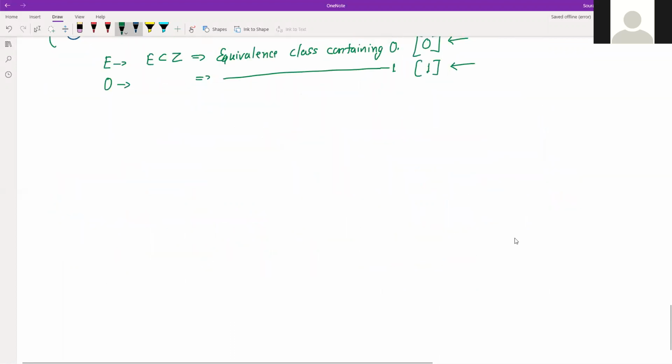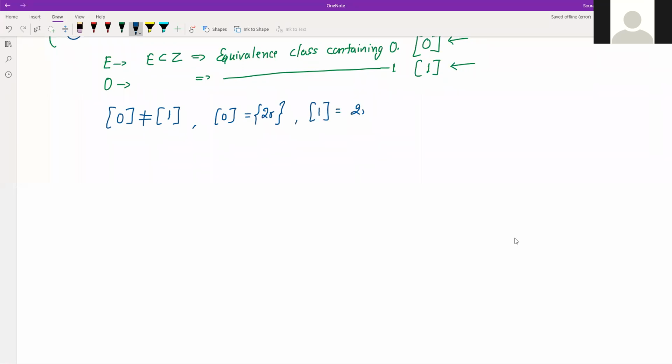The equivalence class of 0 is not equal to the equivalence class of 1. The equivalence class of 0 actually contains 2r, where r is an integer, and the equivalence class of 1 contains 2r plus 1, that is, odd elements as its members.